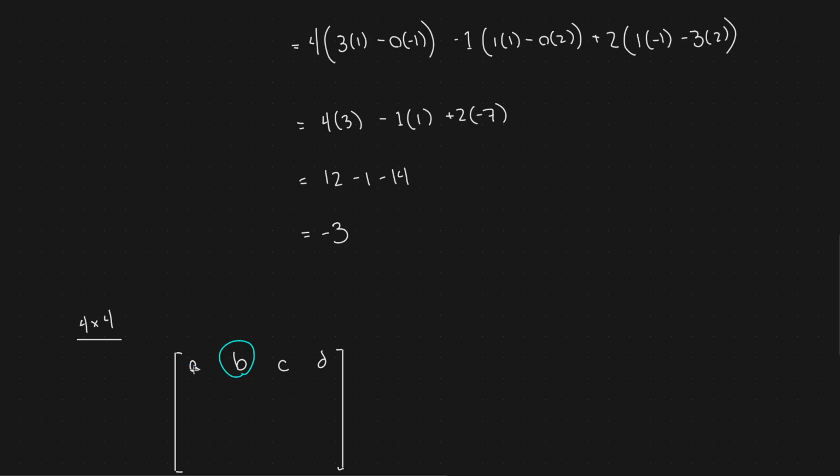Second element, you take that and multiply it by the determinant of what's left over here. Notice that at each stage what's left over is going to be a 3 by 3 determinant, right? If I cancel out a row and a column from a 4 by 4 matrix, I'm left with a 3 by 3. So I'd have to do 4 3 by 3 determinants in order to take a 4 by 4 determinant. Okay?